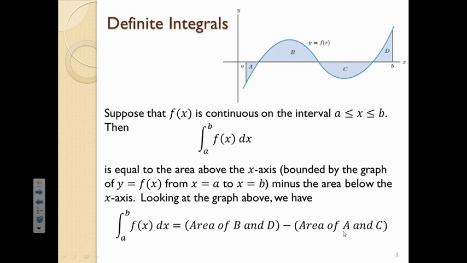Since the areas are positive, we end up doing it this way. The area of B and D minus the area of A and C will give us the integral from A to B of this function.